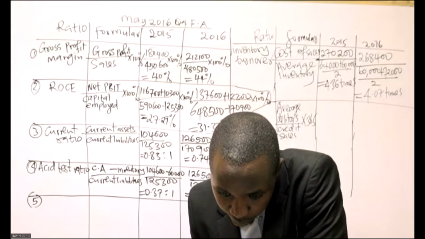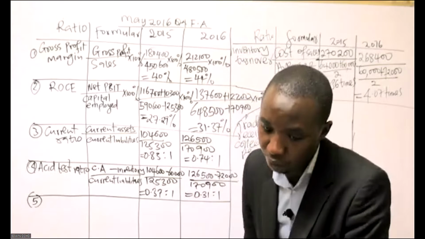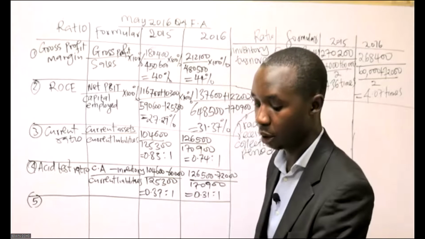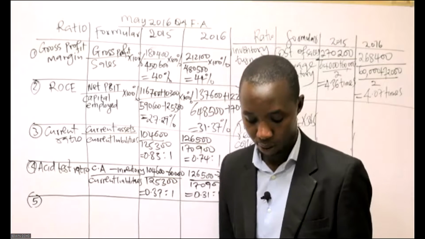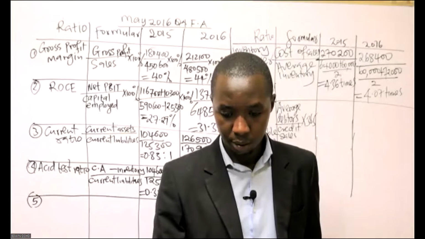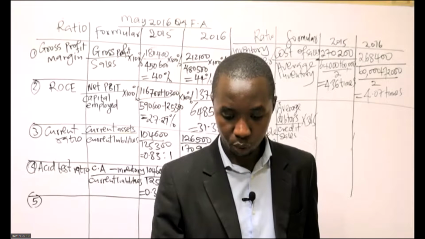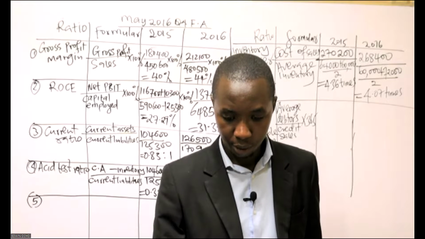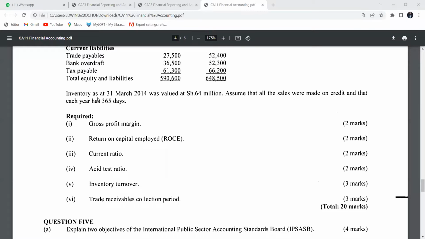Kind, how did you arrive at 64,000? So you are given in that question. It's direct. If you go to the question, by the end of 2014, inventory as at 31st March 2014 was valued at 64.